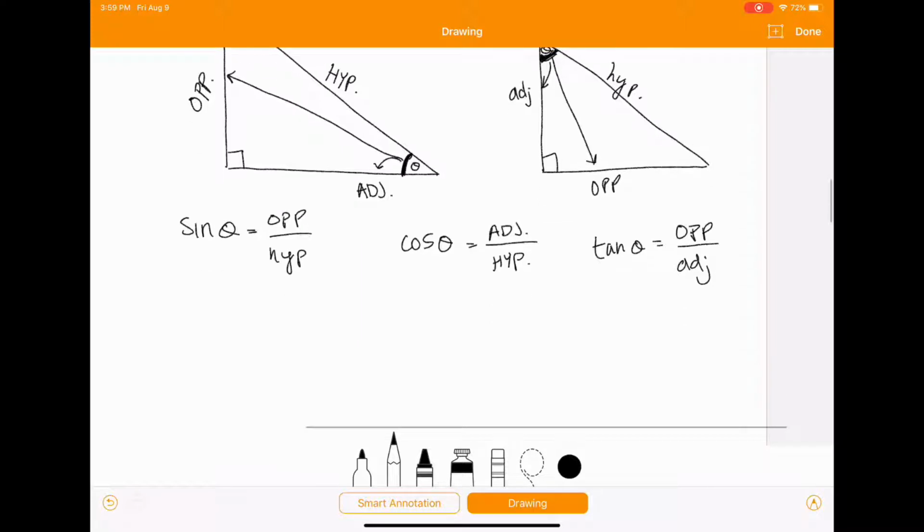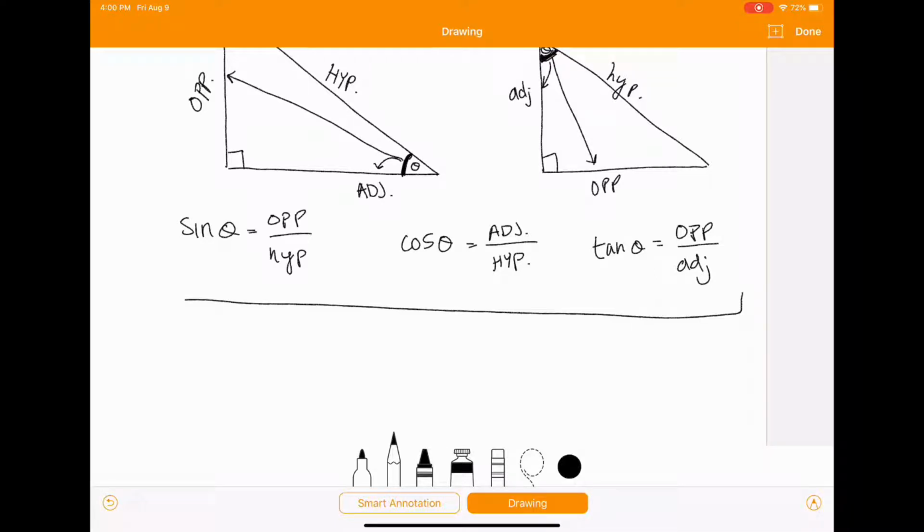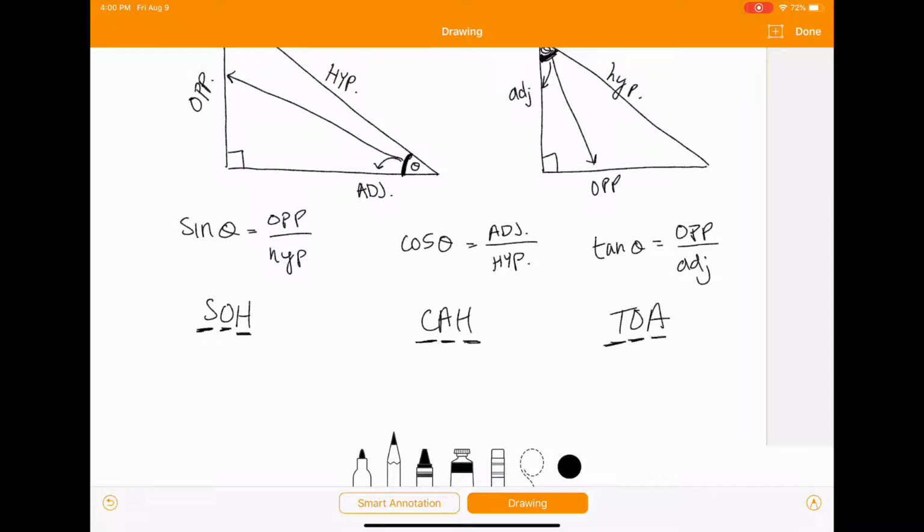All right, so one way you can remember all of this, because it can seem kind of hard to memorize, is SOHCAHTOA. All right, so this is sine equals opposite over hypotenuse, cosine equals adjacent over hypotenuse, tangent equals opposite over adjacent.